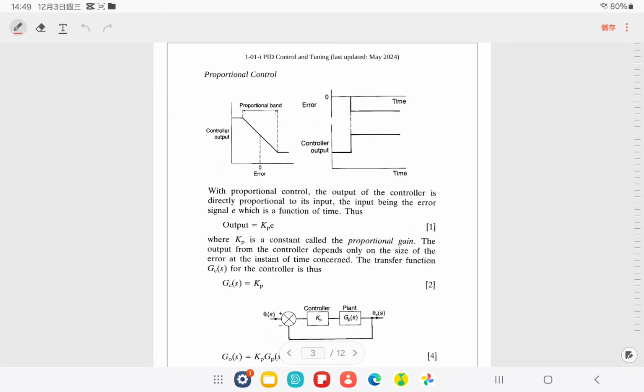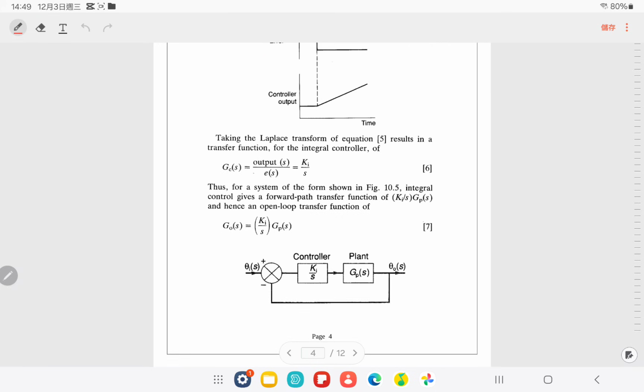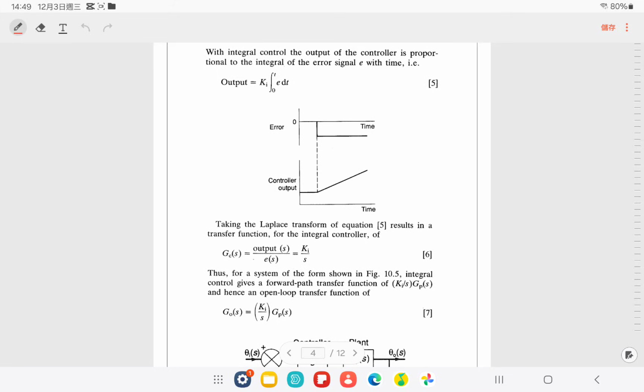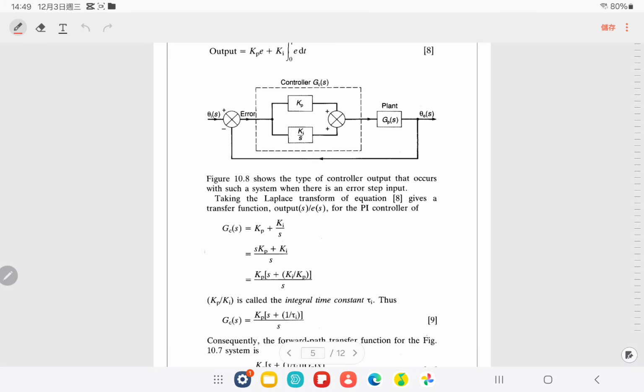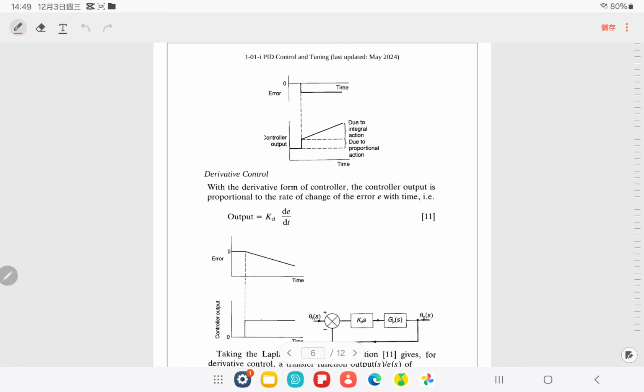So you need to know what is P control, what is I control, and what is PI control. And after knowing PI and D, you need to know what is PID control.